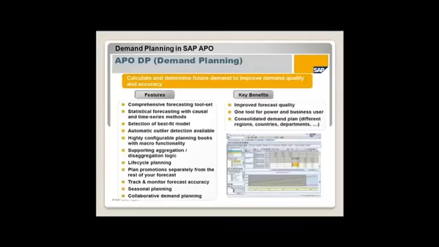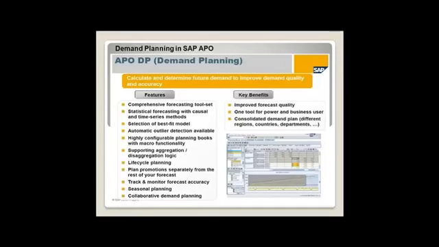Okay, so basically the demand planning tool is going to do the statistical forecast, and it is going to support other functionalities like aggregation, disaggregation, life cycle planning. All these things will be covered under separate slides in the same presentation. So the key benefits: it will improve the forecast quality compared to other tools.